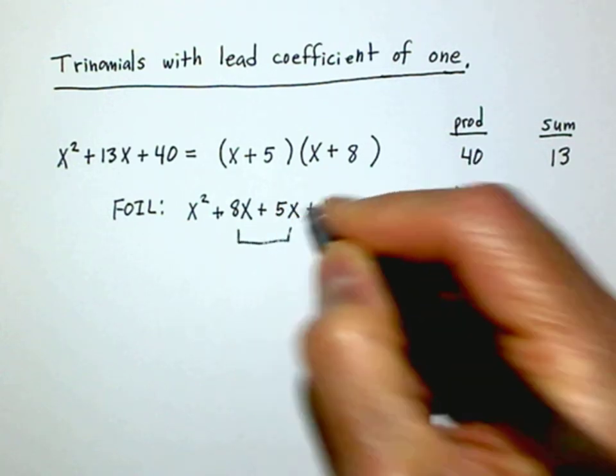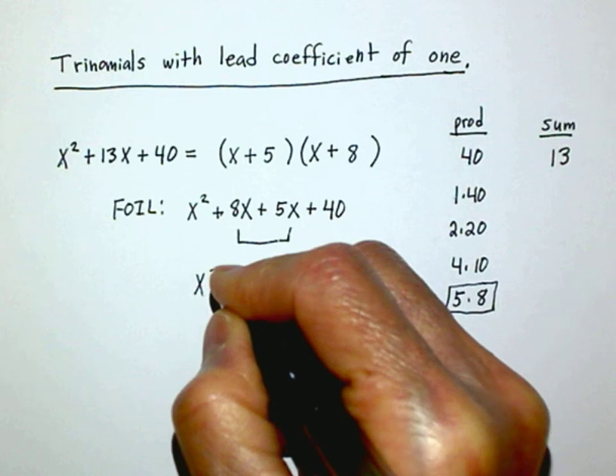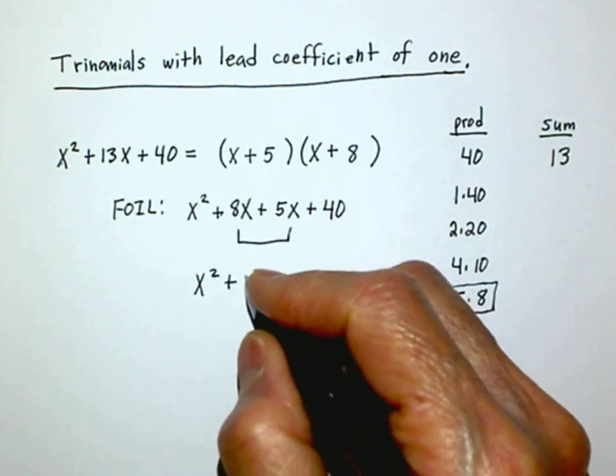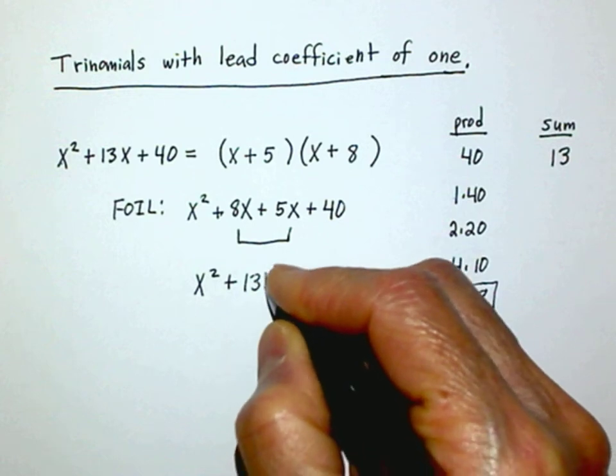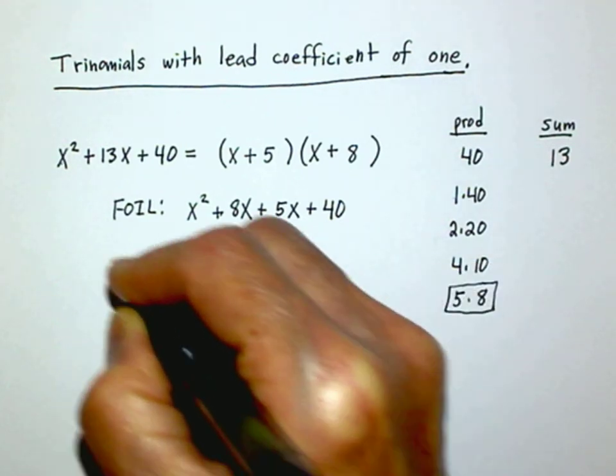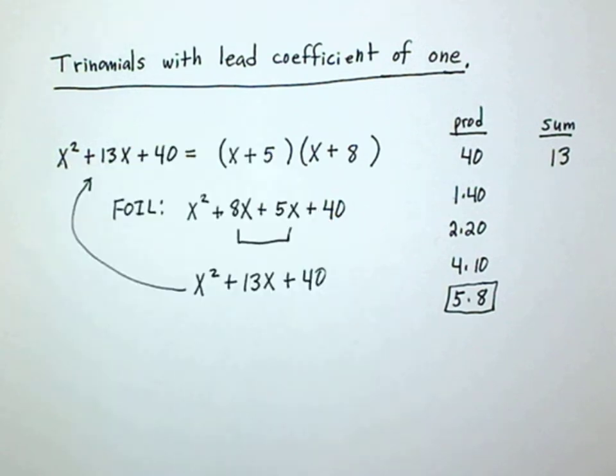Combine the like terms and we have x squared plus 8 plus 5 is 13x plus 40. Back to the original. So my answer checks out.